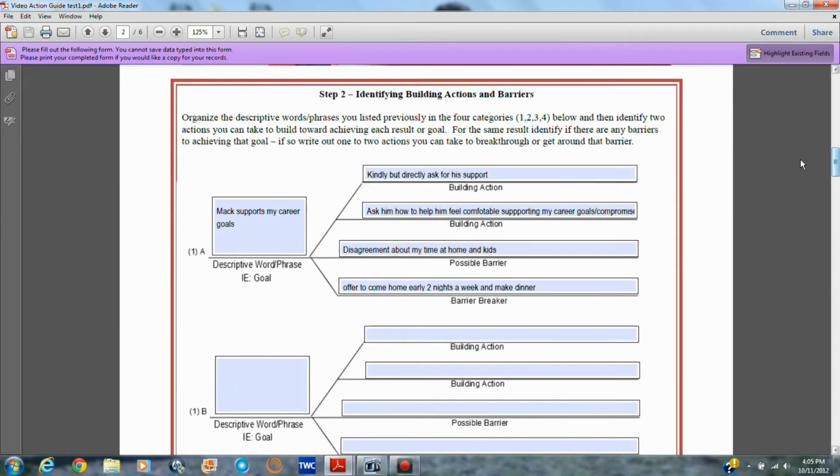Step 2 is plugging in these goals here and then identifying specific actions that you can use to build towards those goals, identify potential barriers that might get in the way of reaching those goals, and finally identify something that you could use to either break through that barrier or go around it.